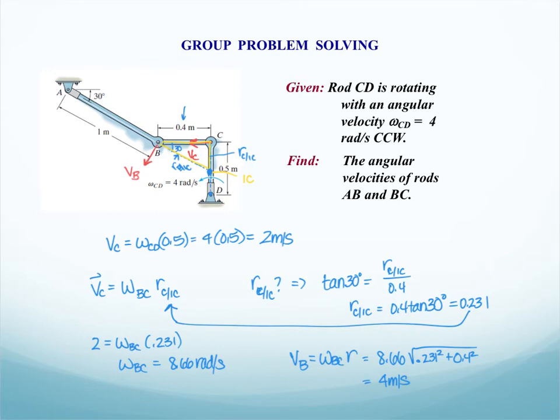So okay, now I found the velocity of B, and I found the velocity of C. Through that, I was able to find the angular velocity of BC. I did that, but this is what I need to do next. So I'm going to need to go on to the next.